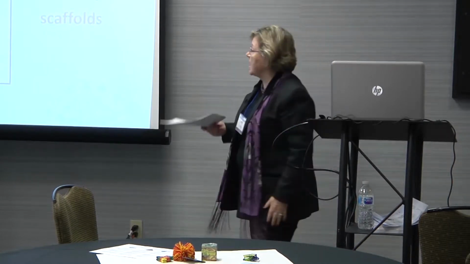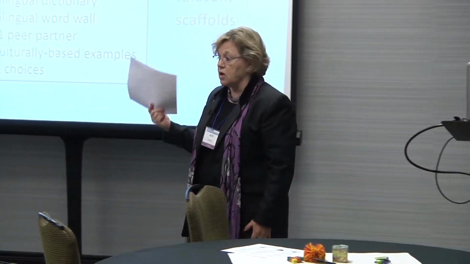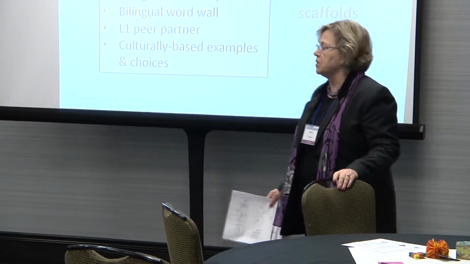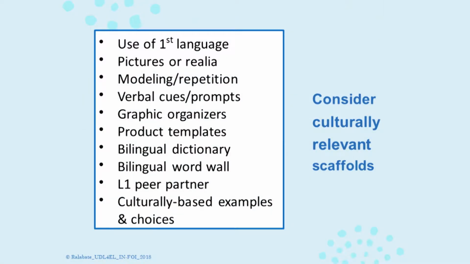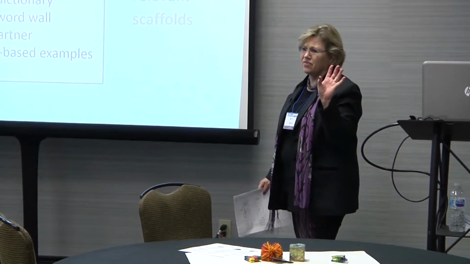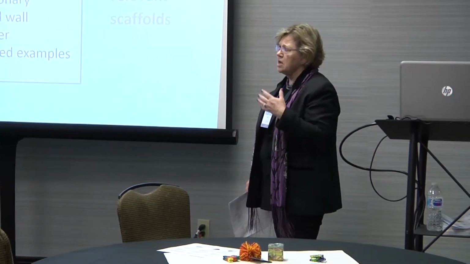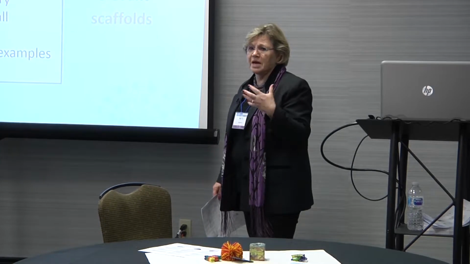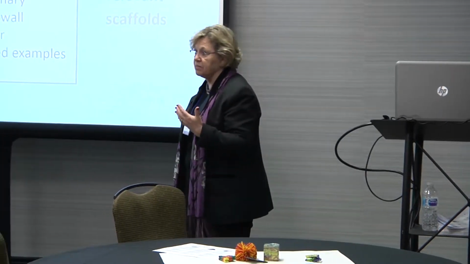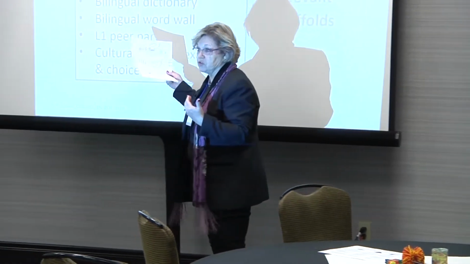And here are some of the scaffolds that you can consider. These are culturally responsive kinds of scaffolds. You should have them, I think, in your handout. Have available, for those kids who actually can read in their first language, bilingual dictionaries. There's lots of stuff online now where you can even figure out how to say some of the words that you're presenting to them in their first language.